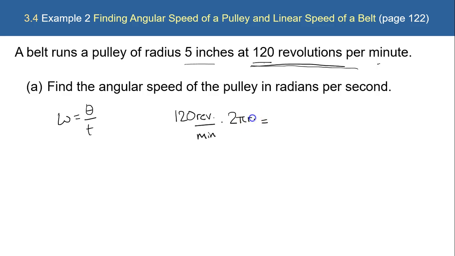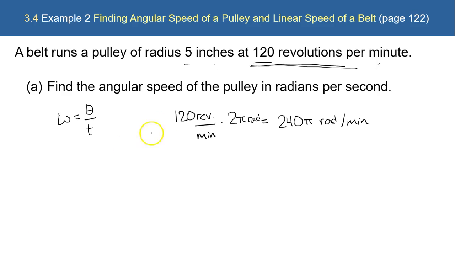And this right here is in radians. Okay, so now multiply 120 by 2 pi, you get 240 pi radians, because this is per minute. Okay, so there we go. And that is actually our angular speed right there too.